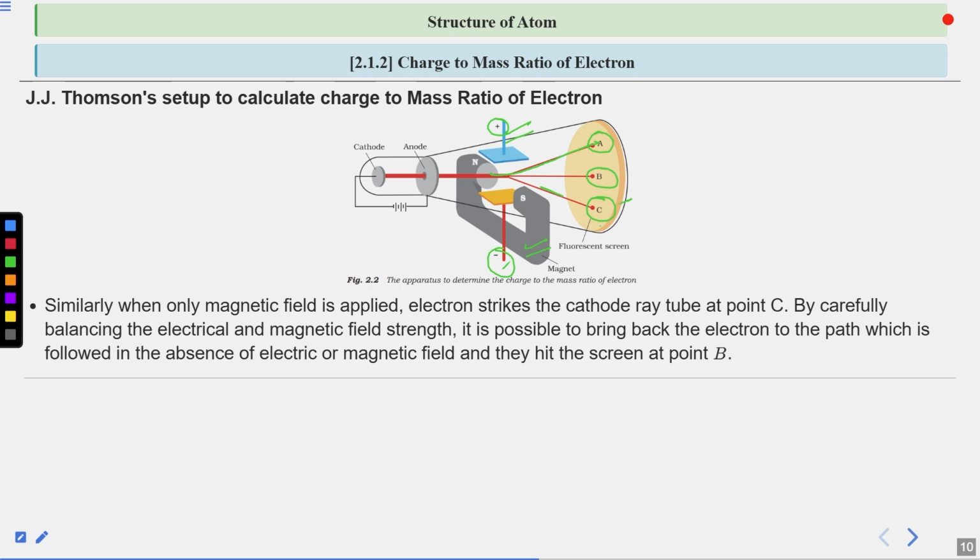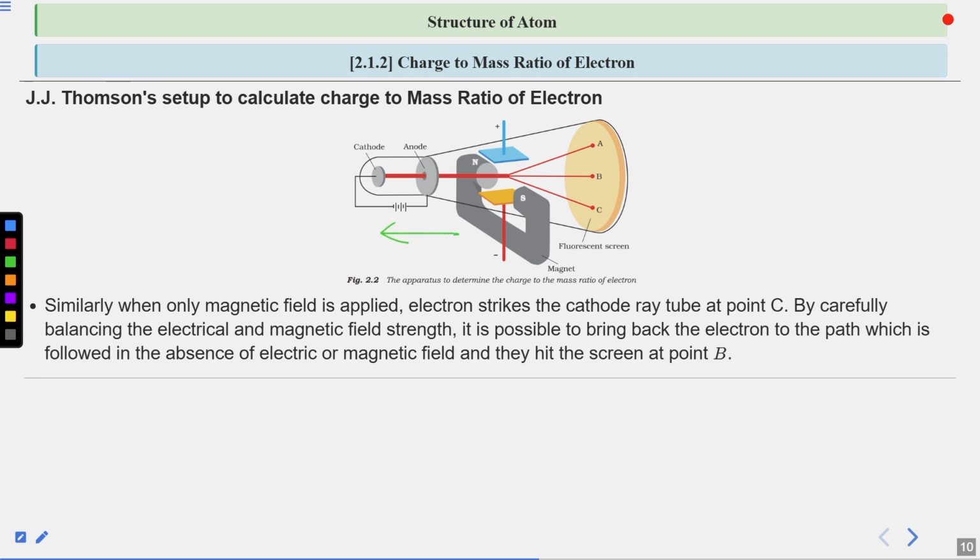So your task would be to go and try to apply Fleming's left hand rule to this, and try to find out the direction of the movement of the charge. Just remember that if your electron is flowing from left to right, then your current will flow from right to left.